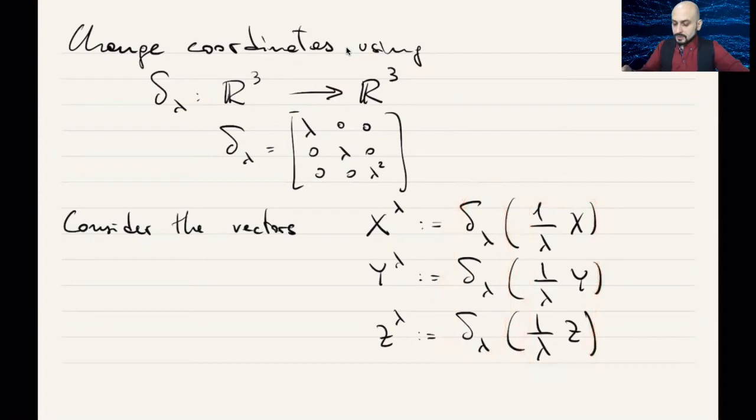So if we take these three vectors and declare them orthonormal, we obtain the distance lambda d1.